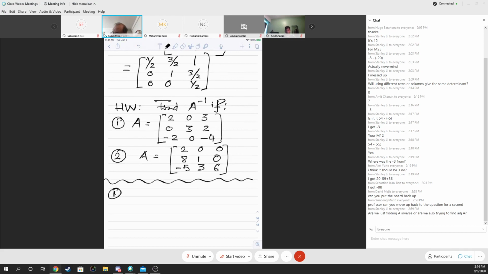In number one, determinant of A is 2 times minus 12 plus minus plus minus minus 6, minus minus 6. Oh my goodness, this is 0. So A inverse does not exist.